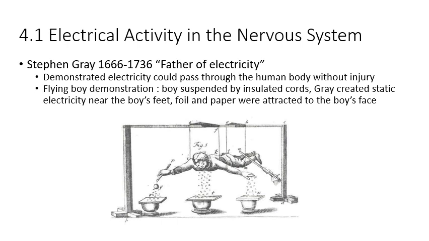He was famous for this demonstration where he would suspend a kid by insulated cords, sometimes silk cords, and create static electricity near the boy's feet, and show that foil and little bits of paper were attracted to the boy's face. So the static electricity passed through the boy's body to attract these bits of paper and foil near the face.